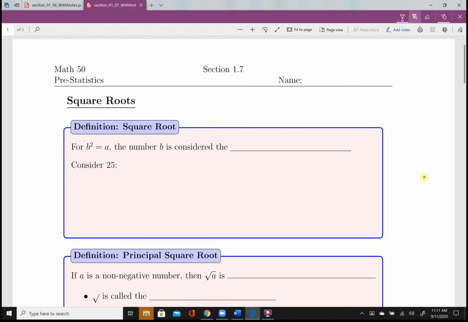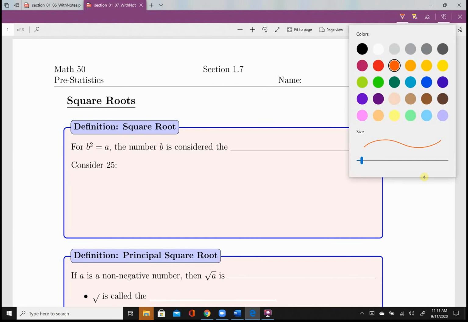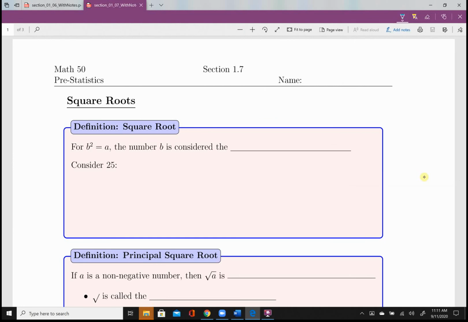Oops, let's add notes here. And we'll change the color up to this beautiful teal color. Square root of a. And let's, in the midst of this definition, consider a specific value of 25. You may notice that 25 is a special number. It is a perfect square number.